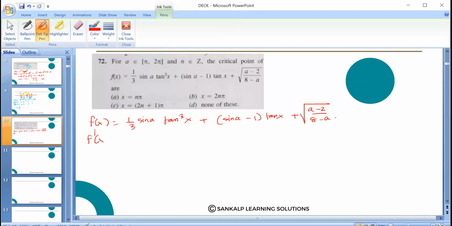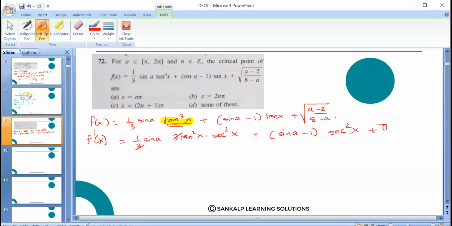When you find the derivative, 1 by 3 sine a is a constant. You use chain rule: x cube derivative is 3 tan square x, derivative of tan is secant square x. Plus sine a minus 1 is a constant, derivative of tan x is secant square x, plus last term is constant again.